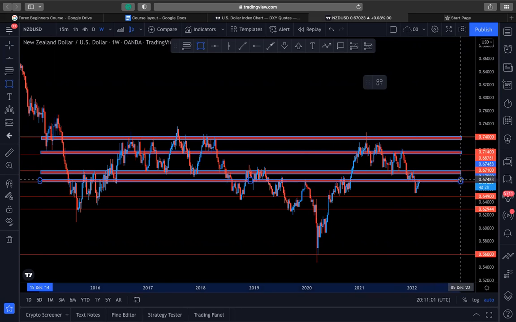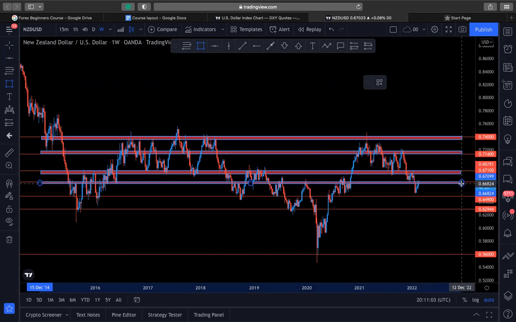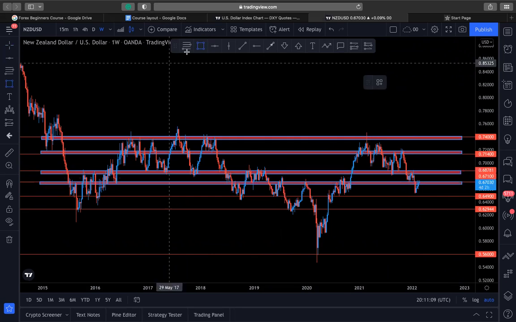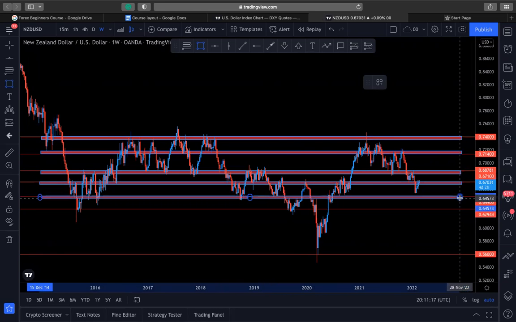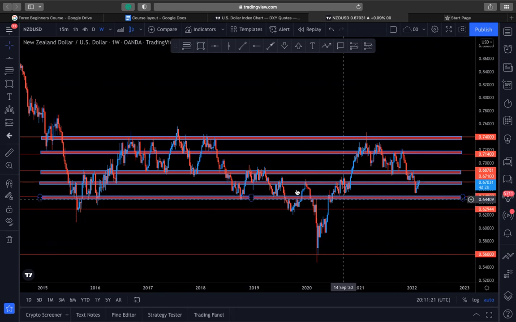Some are going to be thicker than others. Capture that zone there. Mark up this level here, getting that good price action captured.